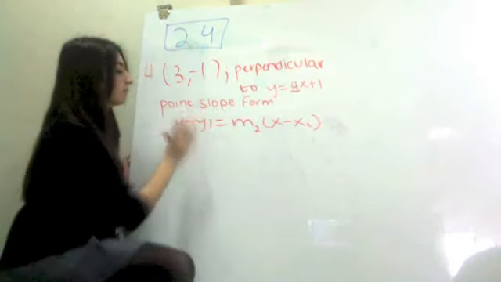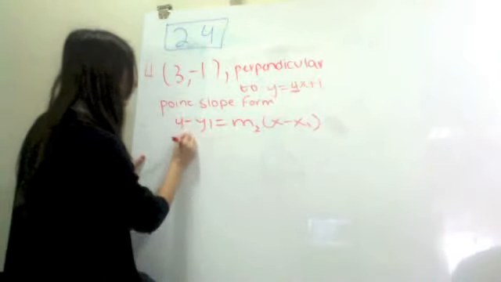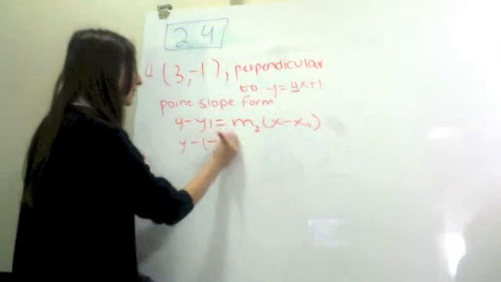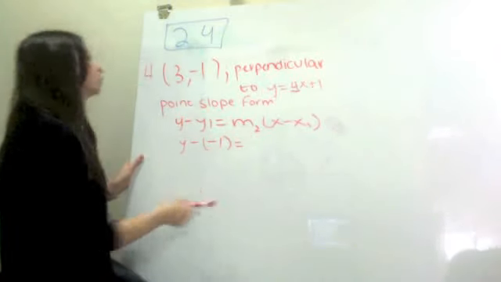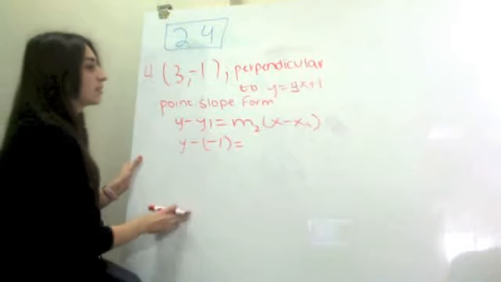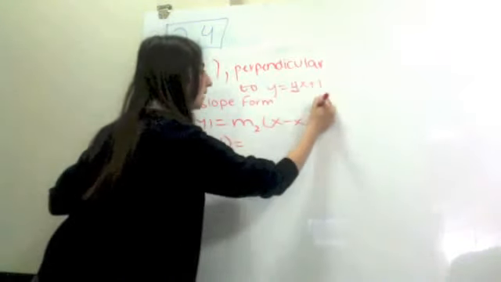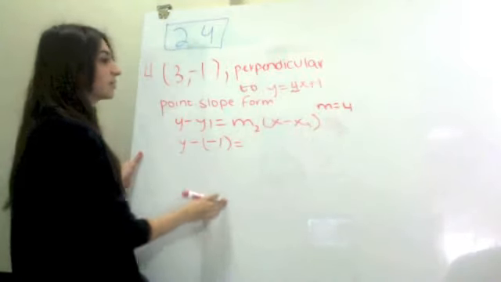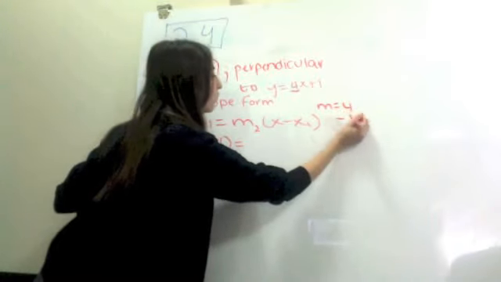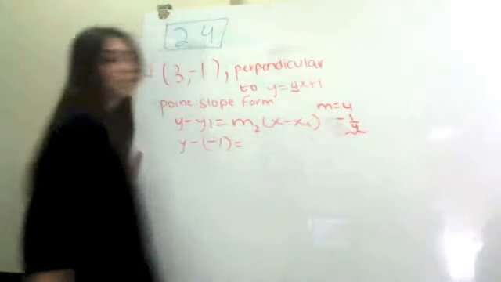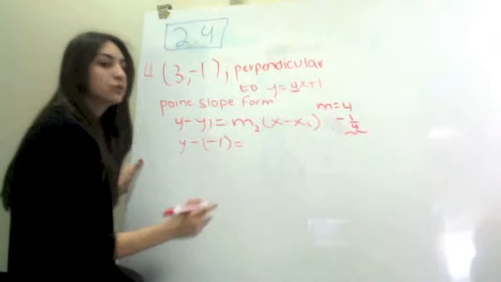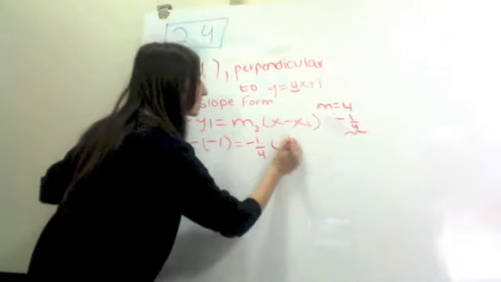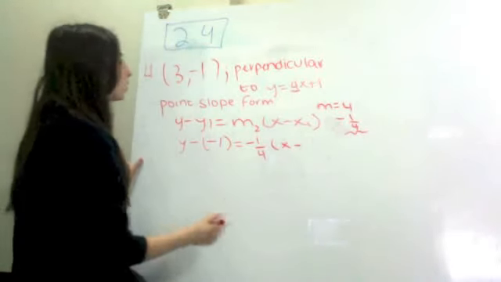Let's plug them in. y minus y1, which is negative 1, equals m. For m, it's different than the parallel. For the parallel, it would usually be m equals 4 for this equation. But for the sake of perpendicular, we're going to do negative 1 over 4. It's the negative reciprocal of the number. So our m is negative 1 over 4, and it's x minus x1, which is 3.